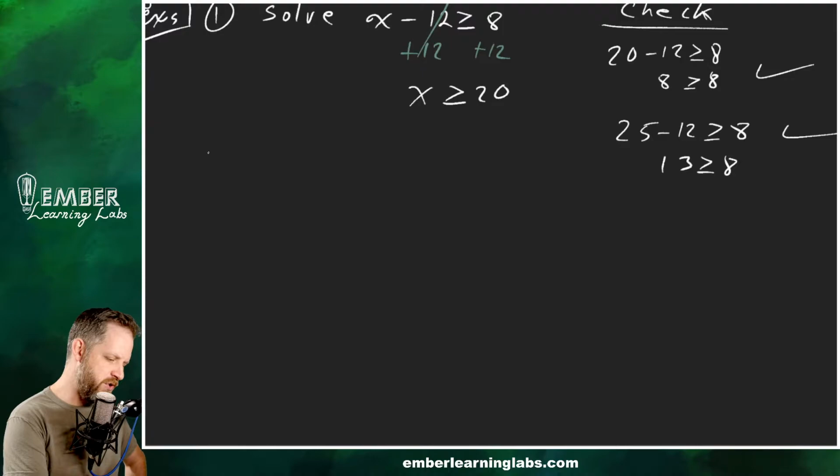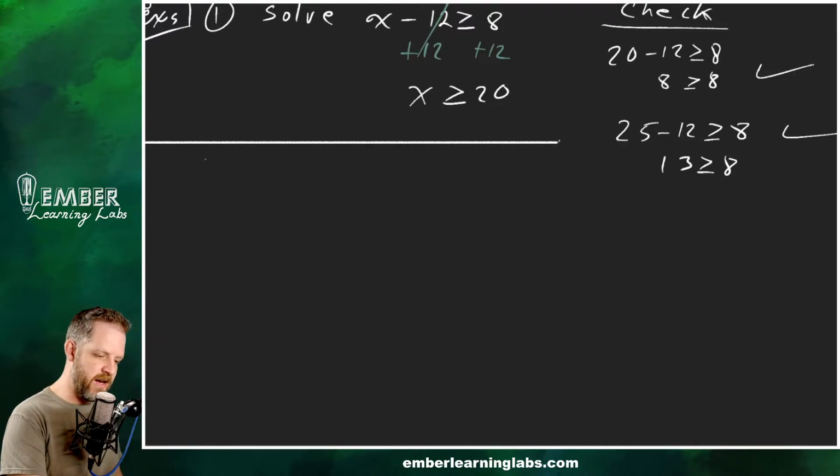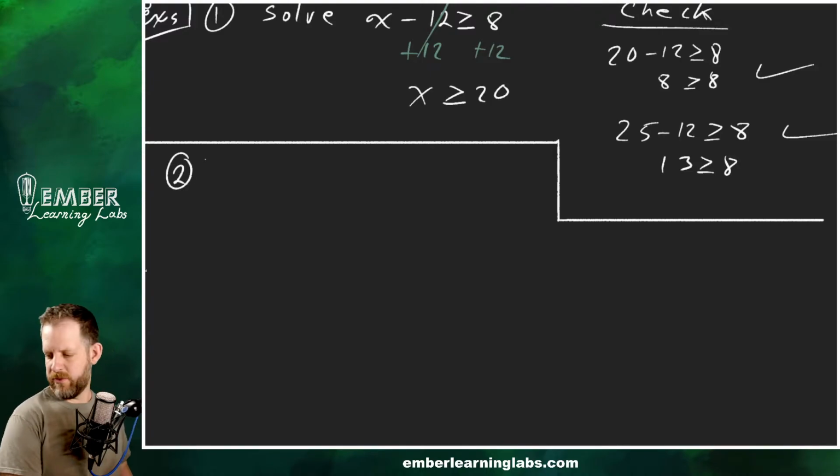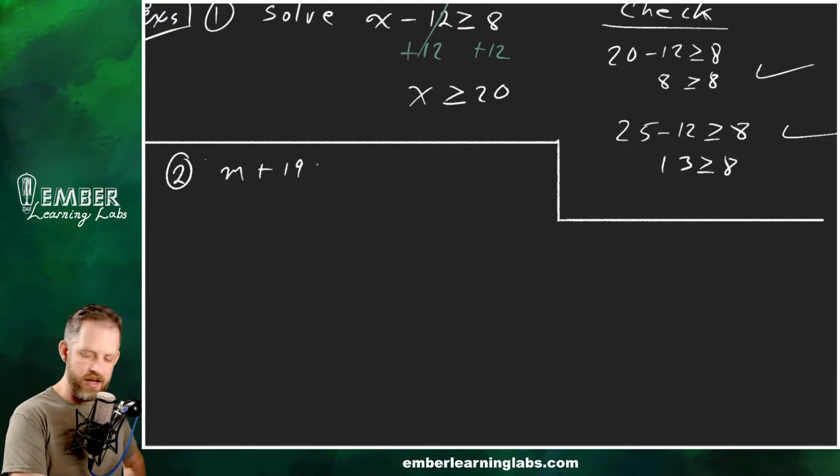Example number 2. Let me give myself a line so that I have some neatness involved. Example 2. Let's do m plus 19 is greater than 56.